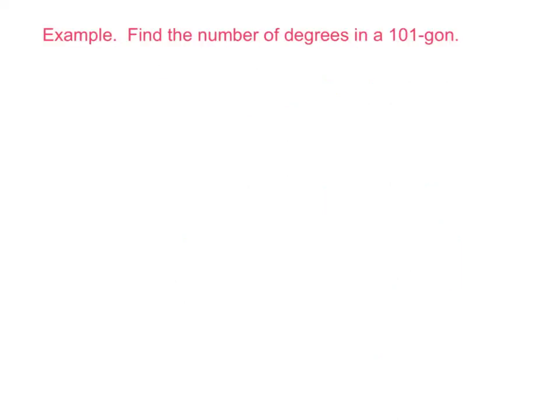So using that idea, what we want to do is find the number of degrees in a 101-gon. That is a polygon with 101 sides. Well, in my opinion, drawing that would take a very long time, and then dividing that up into triangles would take even longer. How can we go about this then?